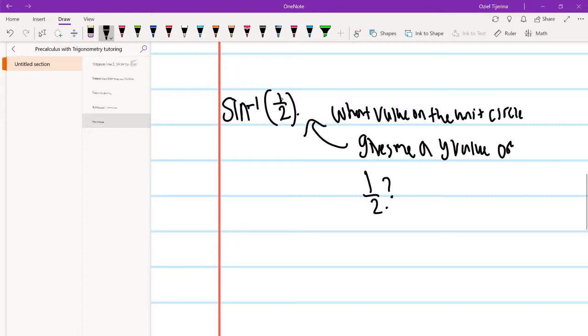This is basically what this is asking: what value on the unit circle gives me a y value of 1/2.